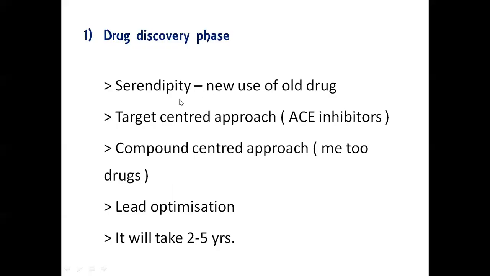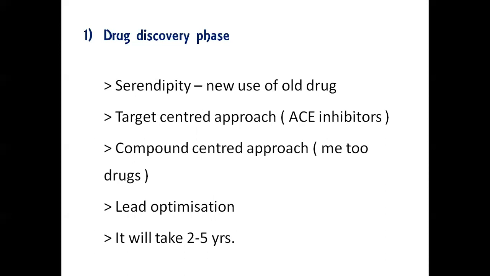So, the drug discovery phase. Serendipity. Serendipity means it's a lucky finding. It means we are already using some old drugs, and their side effect or some other use is found. For example, lignocaine.